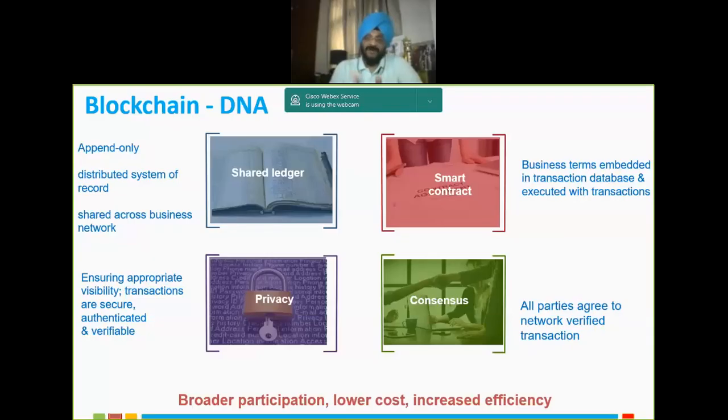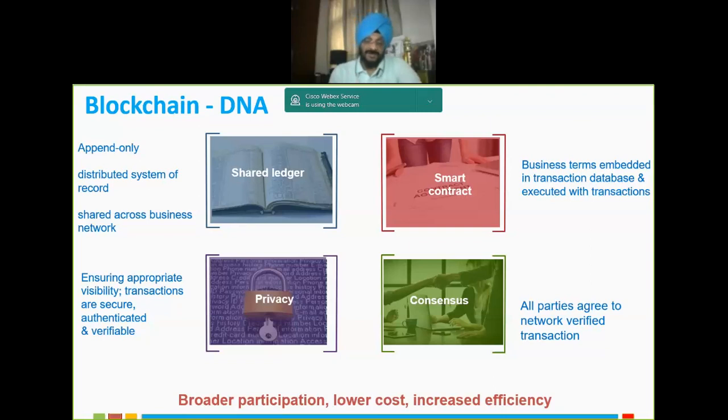Say, for example, you have the SAP application, and if you have a blockchain-based SAP application, that application will trigger the next step only when it meets the smart contract requirement. Then you have the consensus, that is the proof of stake and the proof of work. All parties agree to the transaction, and that's how you have a consensus mechanism built into it.